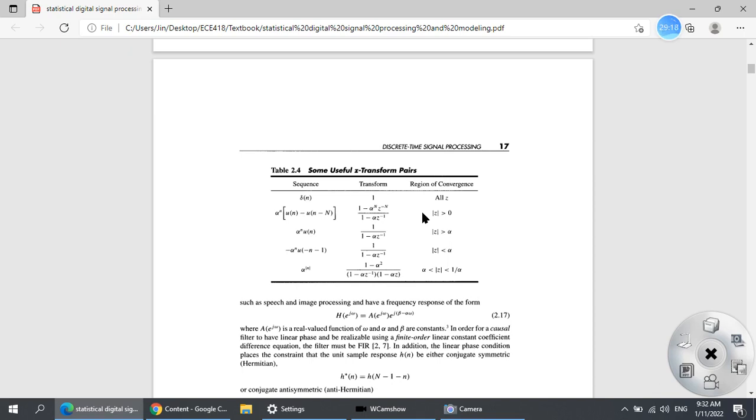Because e to the j omega are complex numbers with length 1, with magnitude 1. So we have some condition to make sure we have the Fourier transform. Let me write down here.